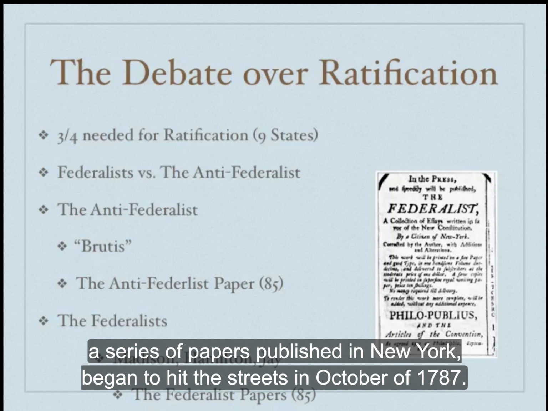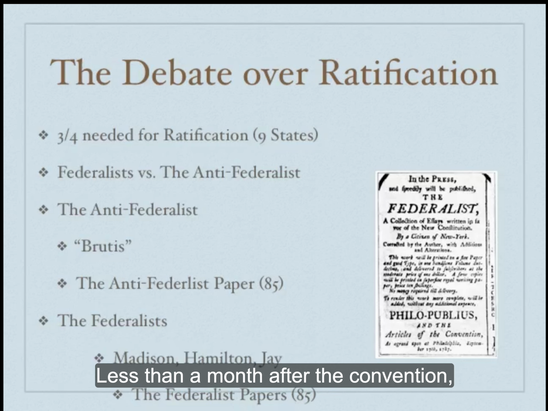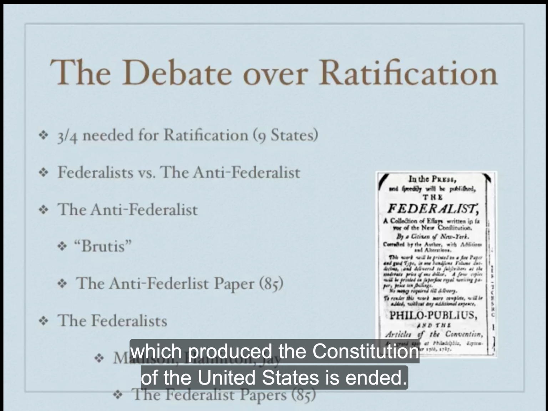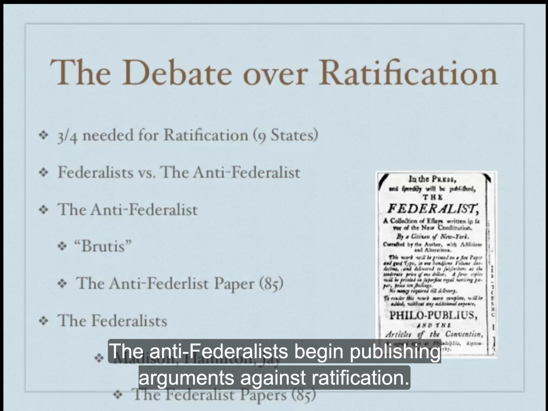In October of 1787, less than a month after the convention, the Anti-Federalists began publishing arguments against ratification.